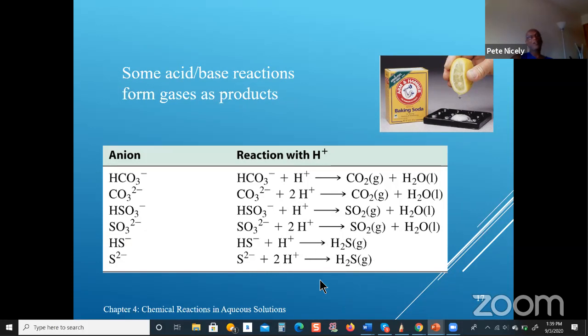And again, I would not recommend that you do this reaction at home, because for one, hydrogen sulfide has a very awful smell like rotten eggs, all right? And for two, it is very toxic, right? If you inhale enough of this, you will literally die, all right? So this is something that I would not recommend that you do at home as well. So these are just examples of acid-base reactions where gases are formed.